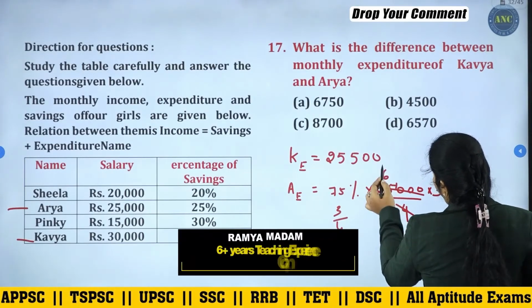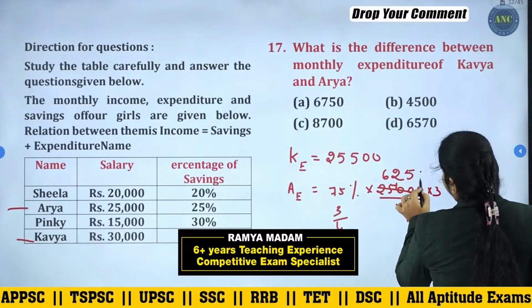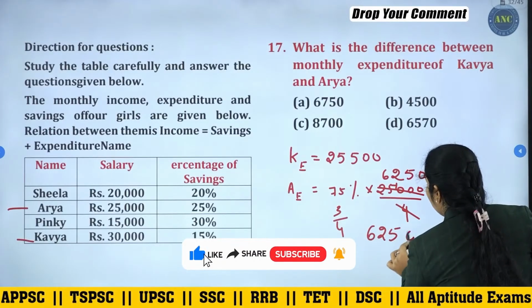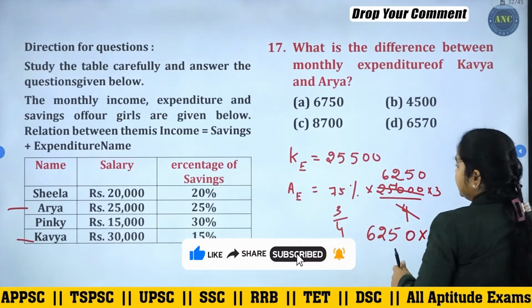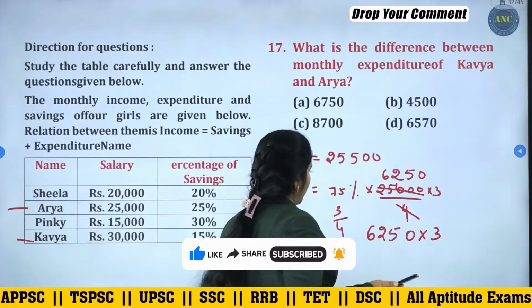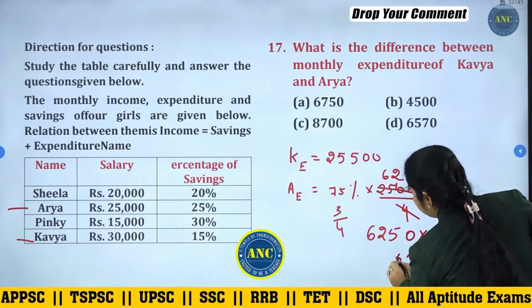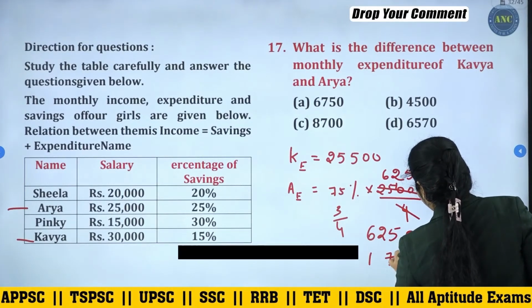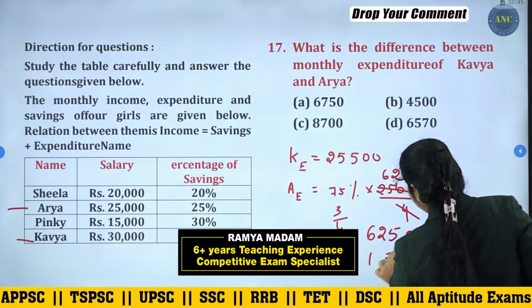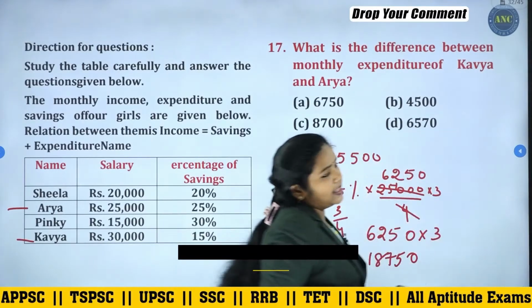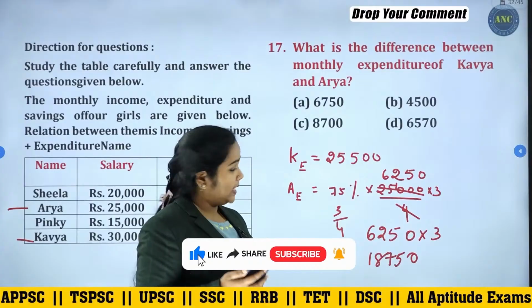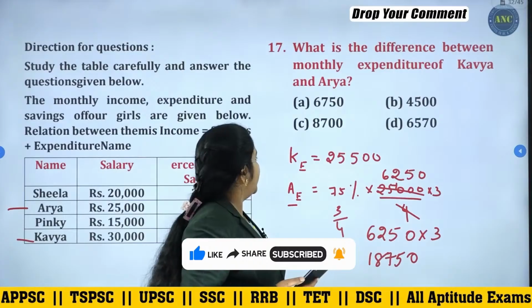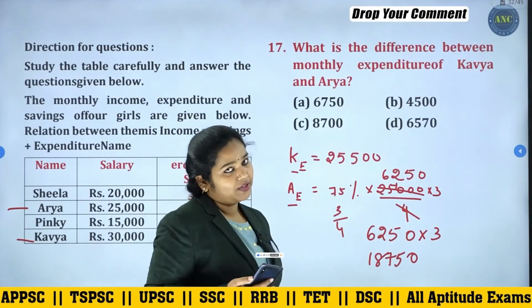4 6s are 24, 4 2s are 8. So, it's 6,250 into 3. Yes, 6,250 into 3. So, you will get 18,750. Yes, 18,750 is whose? Arya's expenditure. Kavya's expenditure is 25,500.